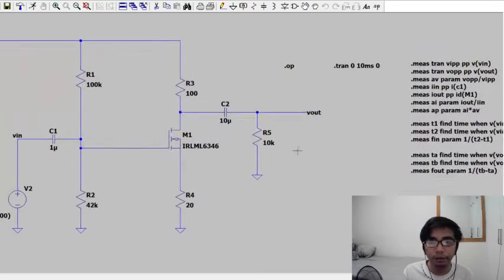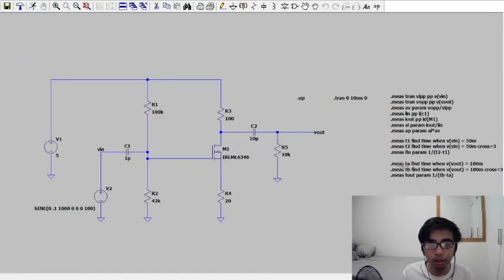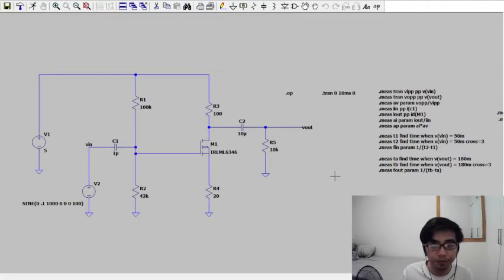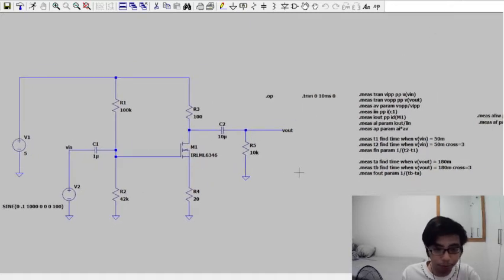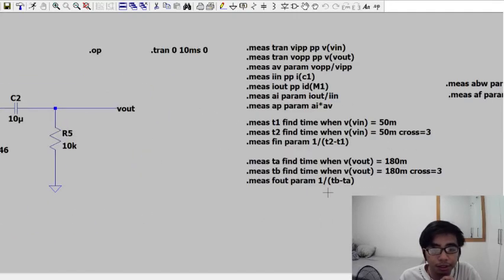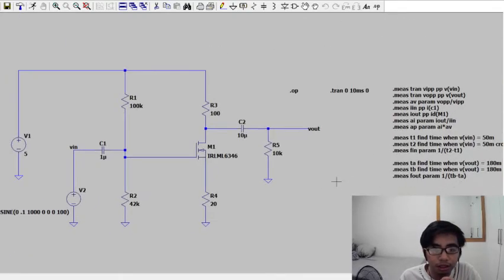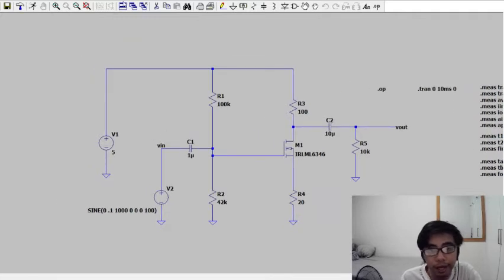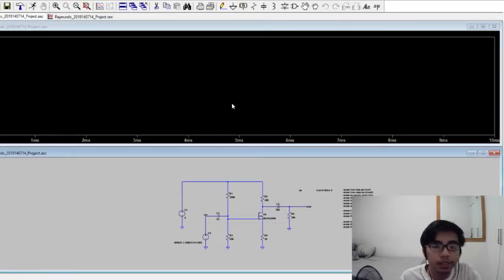I have already done the operations for the circuit. The OP is just for the operation and the transient is just for the waveforms. If we are to show the waveforms again, we can do it by doing this.